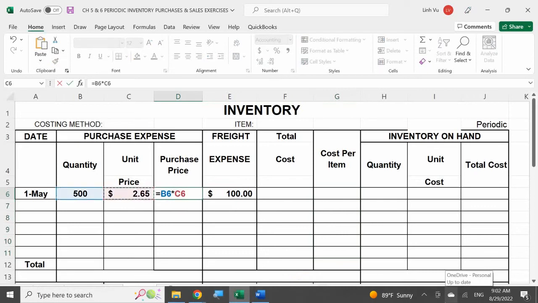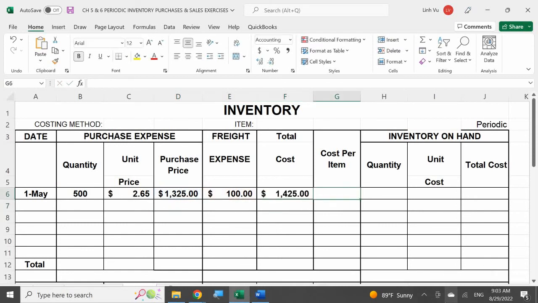You just gave it to me. $13.25 plus 100. $14.25. So now I'm using LIFO. Can I calculate my cost per item? Yes. So then what is my cost per item going to be?